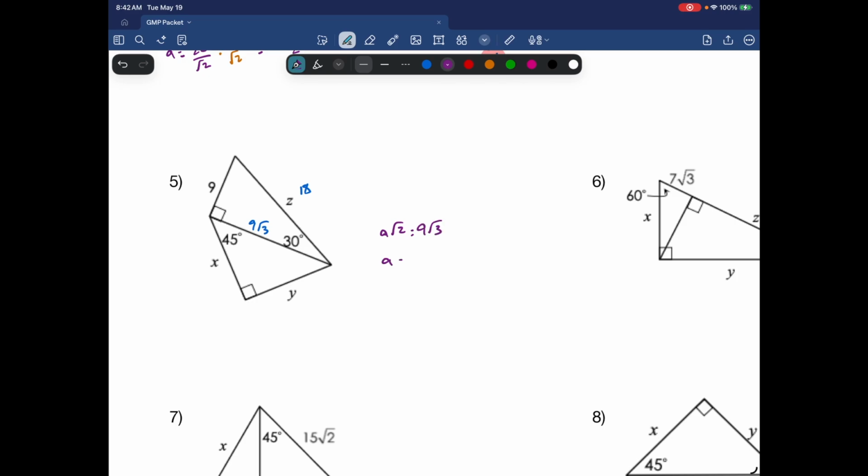So you divide, you get 9 square root of 3 over square root of 2. And after you do the rationalization process a few times, that becomes second nature. This is going to give you 9 square root of 6 over 2. There's nothing else I can do. So 9 square root of 6 over 2 is both x and y.